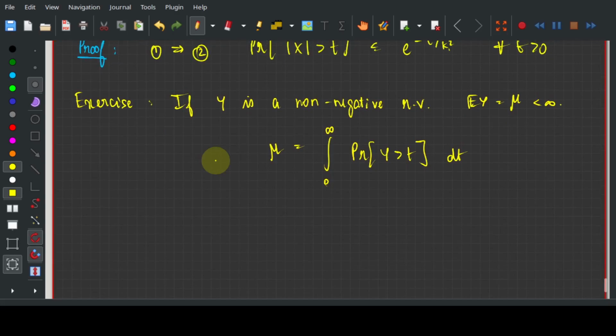Okay, so now let's say that we have this. Then what is expectation of absolute value of x to the p? This would simply be integral from 0 to infinity, probability that x to the p is greater than t dt.